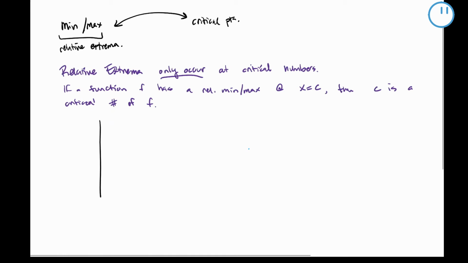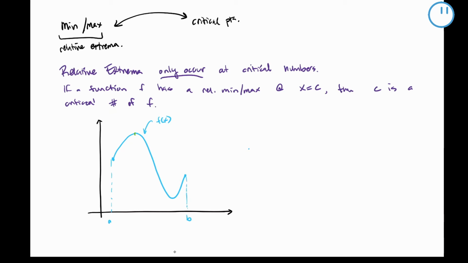So graphically, let's go ahead and draw a graph here. And here's our graph, and let's say that we have a function f that looks something like that. And so this is our function f of x. And we will note that x goes from, let's say, some random point A to some random point B. And we'll note that f of x has a relative maximum here and a relative minimum here.